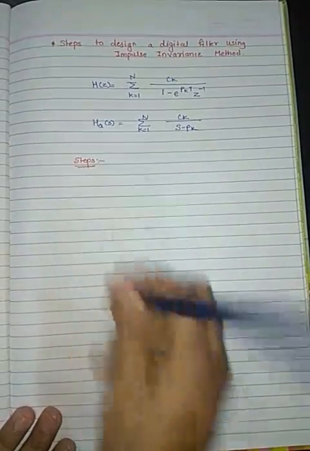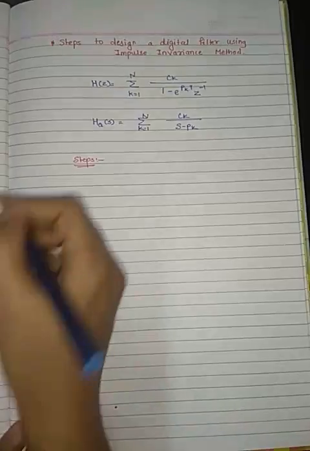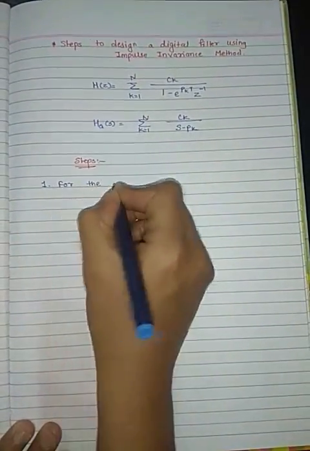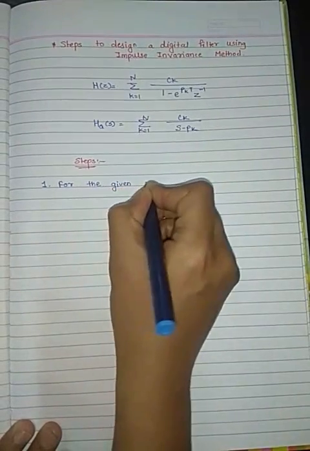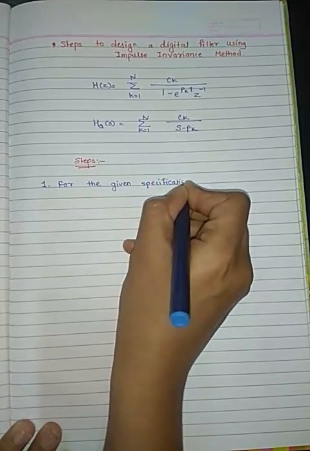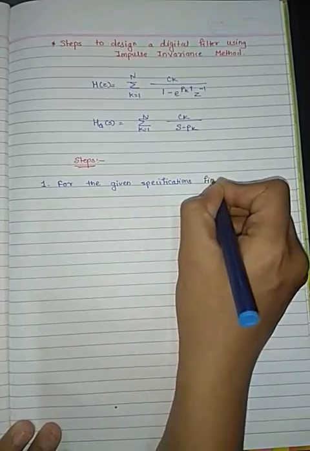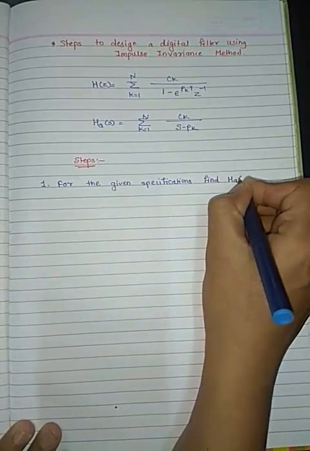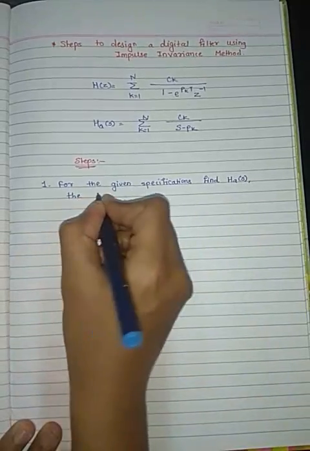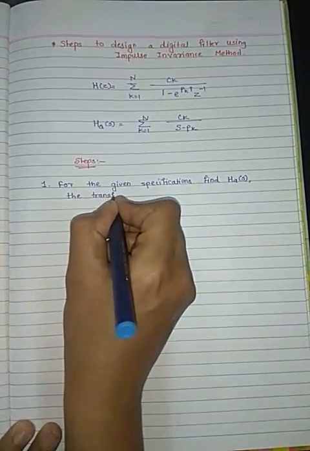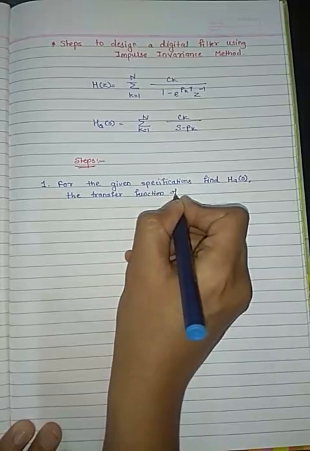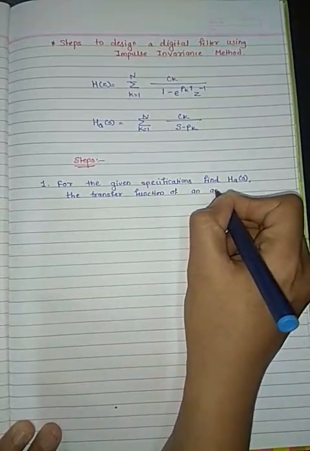Our first step is, for the given specifications, find HA(s), which is the transfer function of an analog filter.